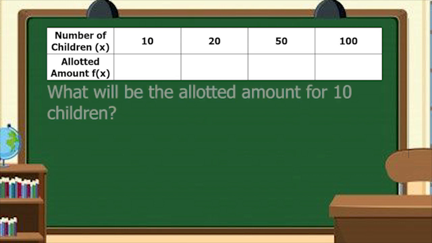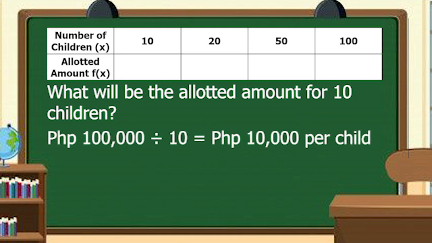The question is, what will be the allotted amount if there are 10 children and the budget is to be allotted equally to the number of children? Yes, you are right. If the budget is 100,000 pesos, we can simply divide it by the number of children given. So 100,000 divided by 10 is equal to 10,000 pesos for each child.